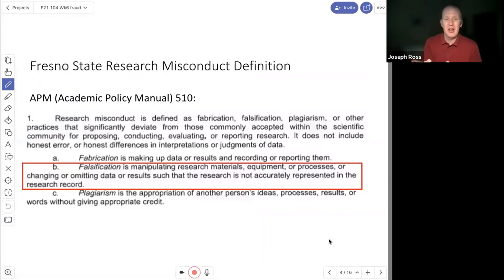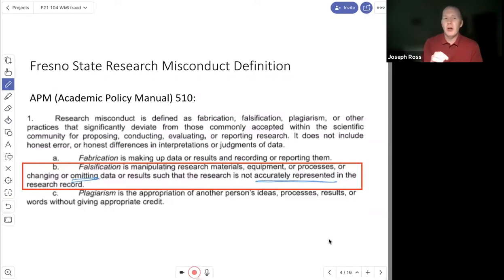Falsification is important to focus on here: manipulating research materials, equipment, or processes, or changing or omitting data, with emphasis mine on omitting, leaving stuff out, such that the research is not accurately represented in the research record. This is another reason that the record keeping module we talked about a couple of weeks ago is important. Accurate representation of the data is critical so that you don't get accused of research misconduct.